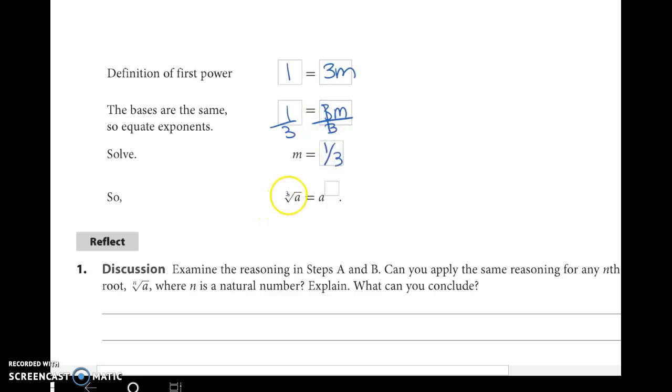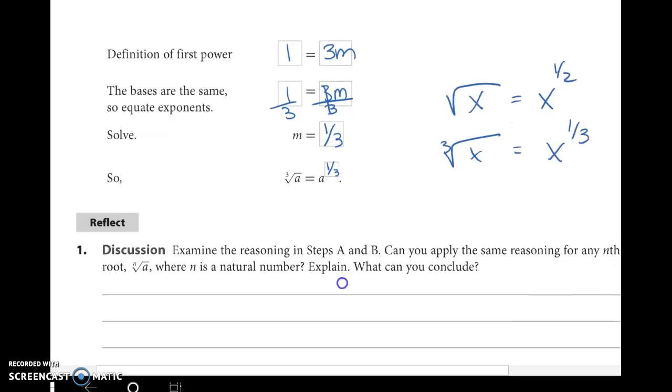So we can say that the cube root of a is equal to a to the 1/3. So let's just show you this. We could say the square root of x is equal to x to the 1/2, and the cube root of x is equal to x to the power of 1/3.